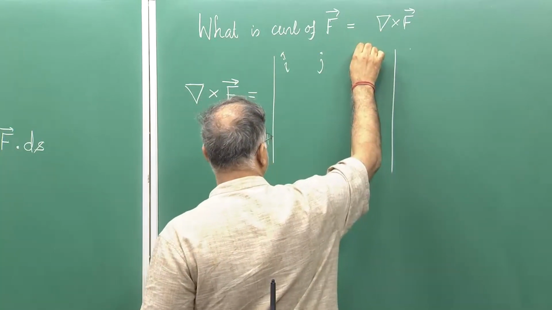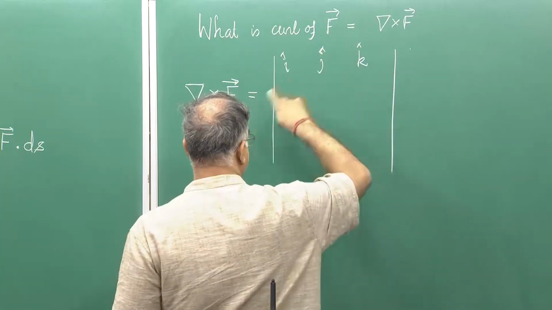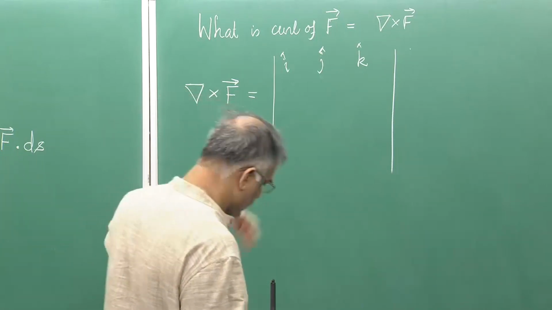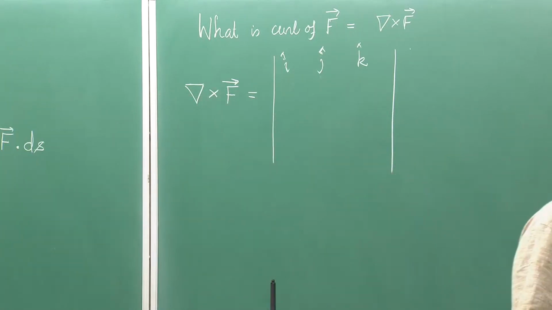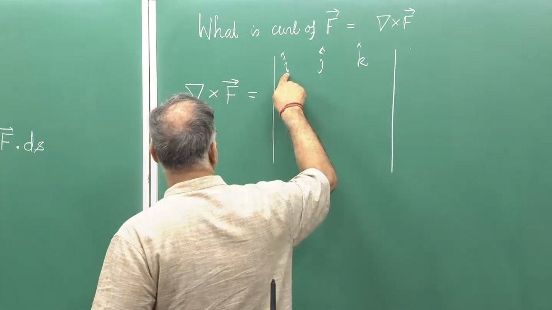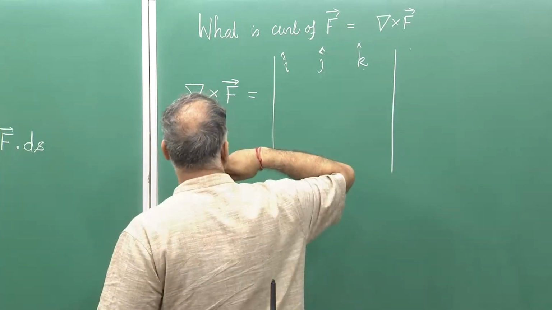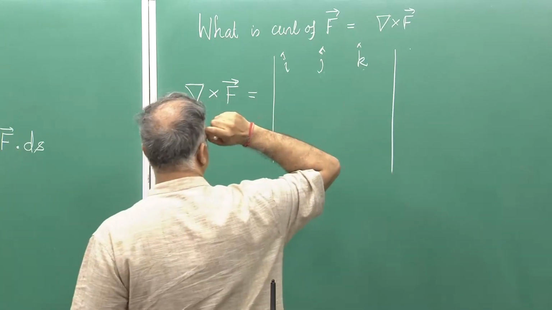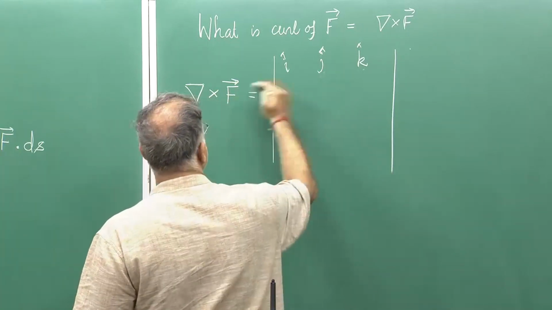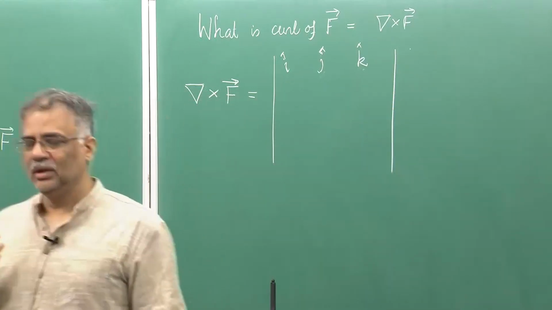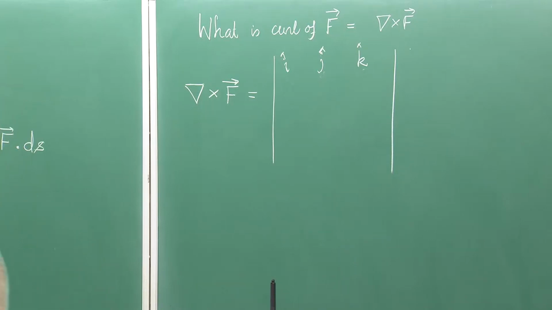So, you find the determinant of these. You know that i, j, k are actually vectors, and so this is also a vector. It is a determinant, but it gives out a vector. Usually a determinant gives out a number, but here it gives out a vector.